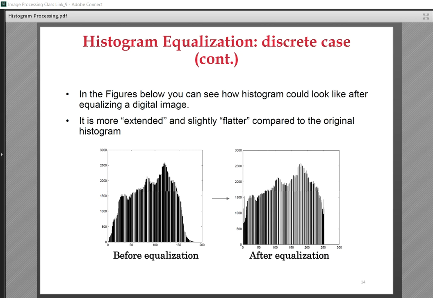This is the resultant histogram. You see that here intensities are from 0 to about 150, but here you see from 0 to the full range.